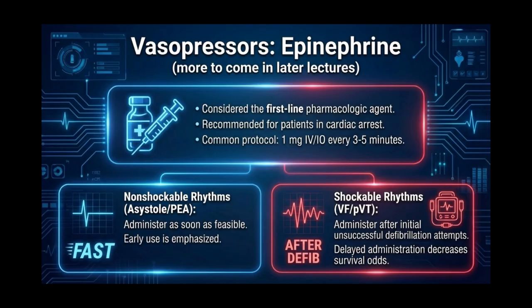In instances of cardiac arrest characterized by a shockable rhythm, such as ventricular fibrillation or pulseless ventricular tachycardia, epinephrine should be administered only after initial attempts at defibrillation have proven unsuccessful. Ultimately, epinephrine is a vital component in the emergency treatment of cardiac arrest and is central to enhancing the chances of survival for affected individuals.